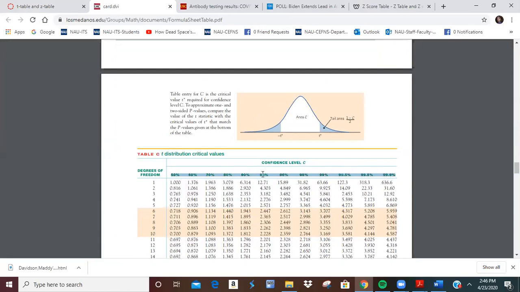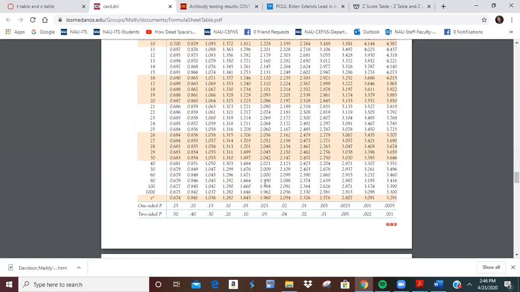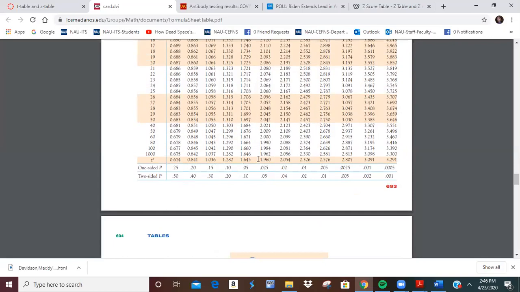We're assuming that what they gave us was a 95% confidence interval. If I go all the way to the bottom, there's a row that says z, and that's where you can get the z values for these confidence intervals. Other questions? Thank you.